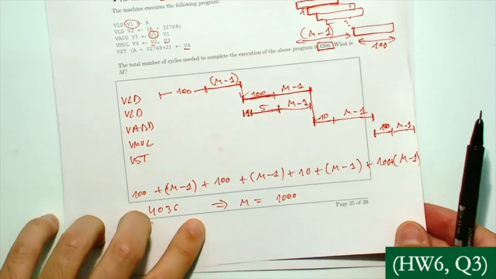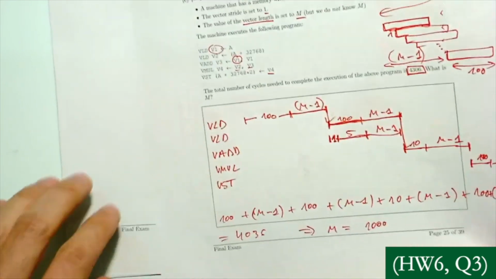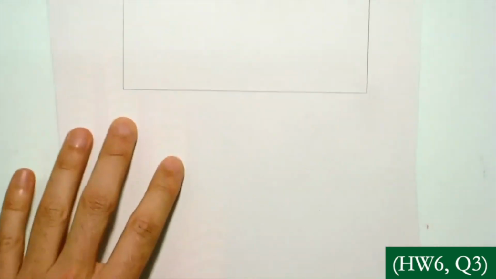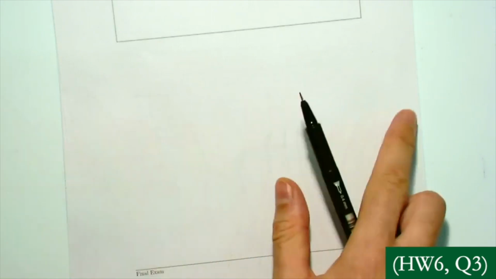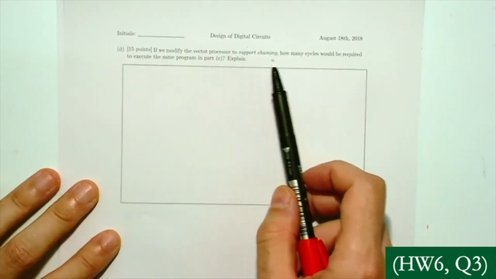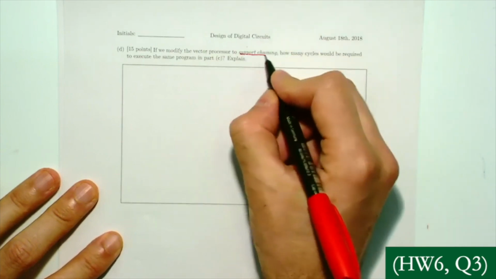More questions about this one? So, and the last one is, if we modify the vector processor to support chaining, so now we support chaining.